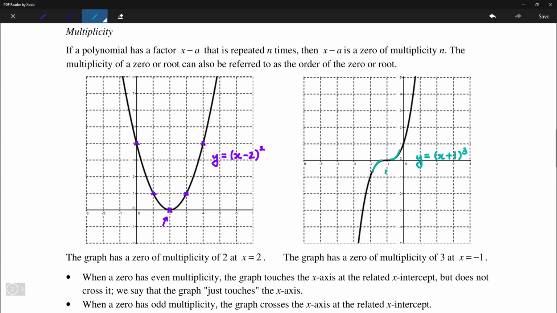So this is known as a change in concavity. And the point where it occurs is called a point of inflection. So if we're looking at a 0 of multiplicity that is odd and not 1, then it would have a point of inflection.